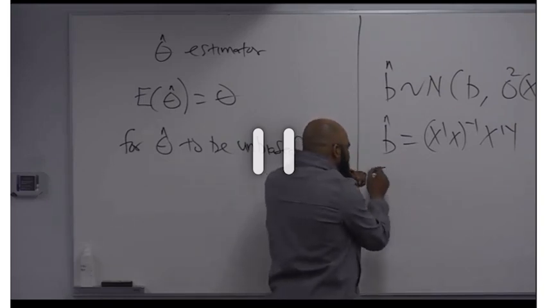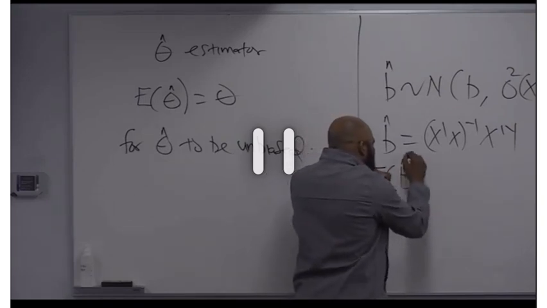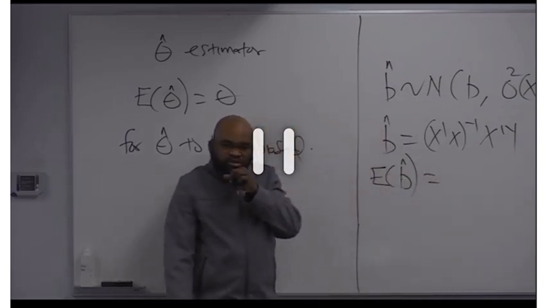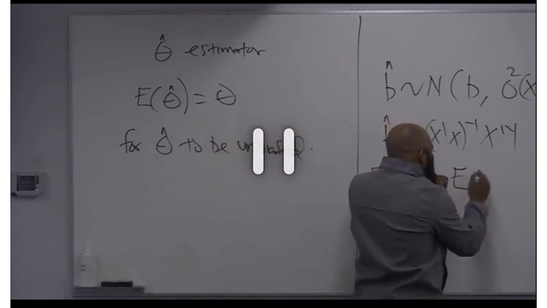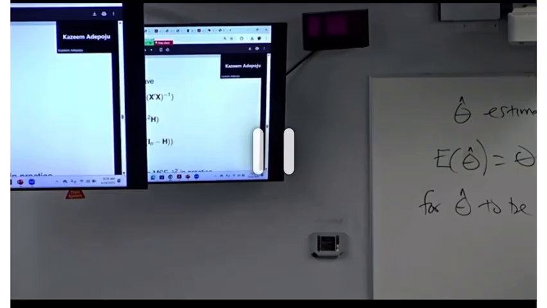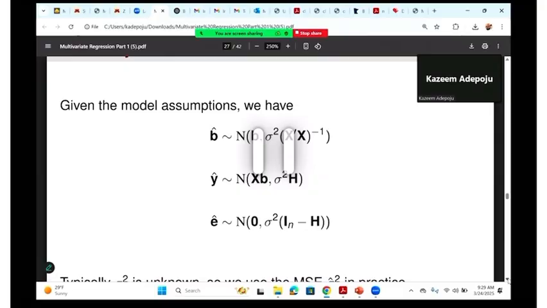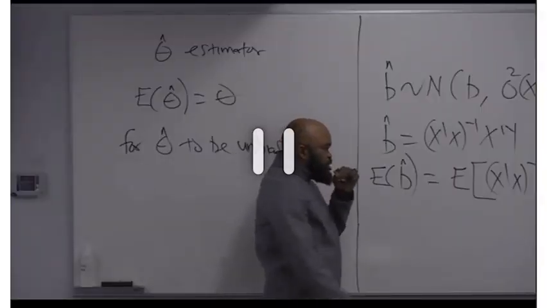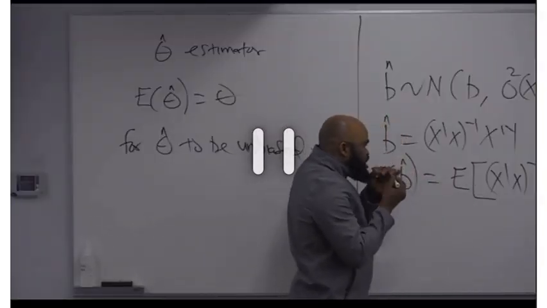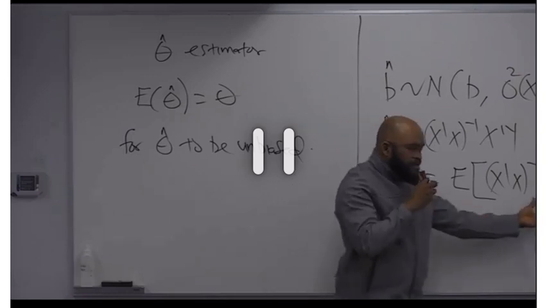Now I want to find the average. Finding the average is to take the expectation. Expectation of this is to take the expectation of what I have here. Like I said, if you don't understand any theoretical thing I'm doing on the board, ask questions.